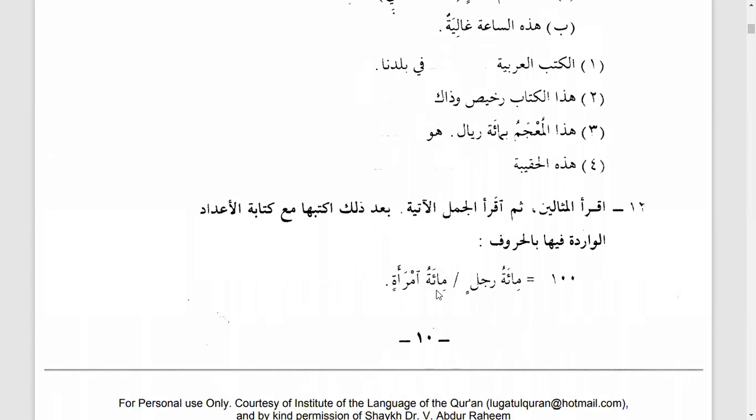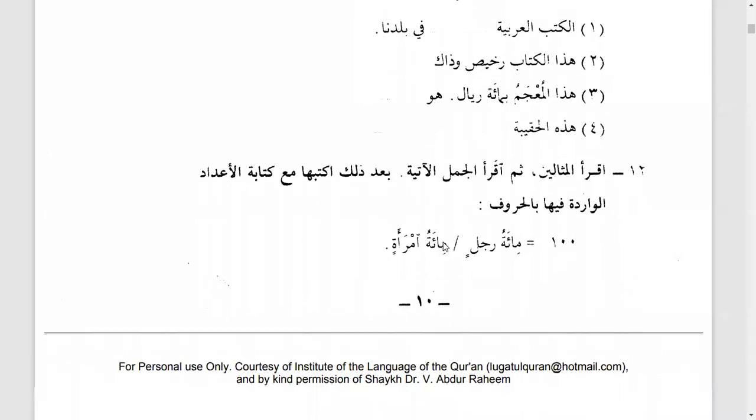The same number will be used. Miyatu will be used for masculine and Miyatu will be used for feminine, as we can see here in the example. Miyatu rajulin, 100 men, and Miyatu imra'atin. If I don't stop here, I will say Miyatu imra'atin, 100 women.